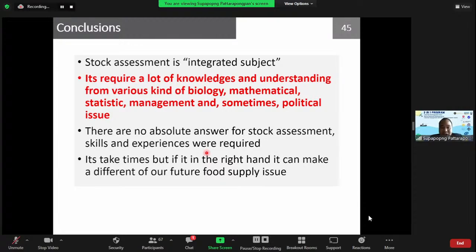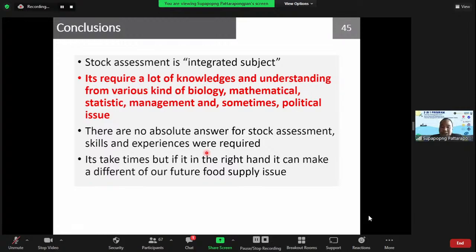So it requires a lot of knowledge and understanding from many kinds of fields. And there is no absolute answer for stock assessment. Every skill and experience is required, because the result we get in stock assessment is not absolutely right.